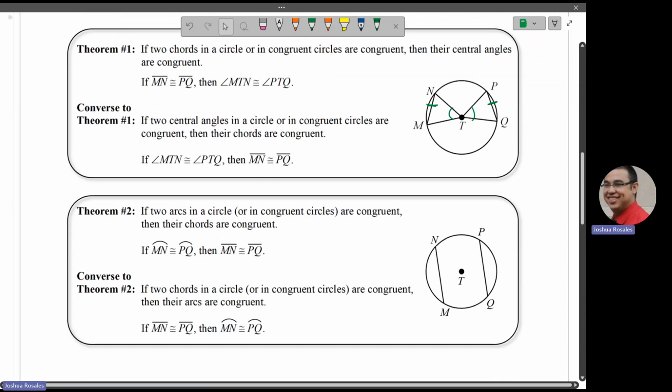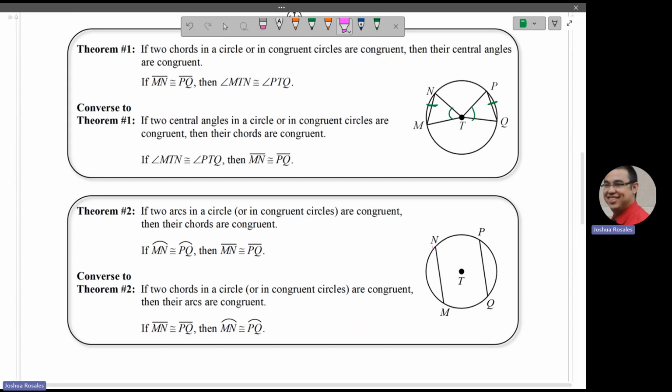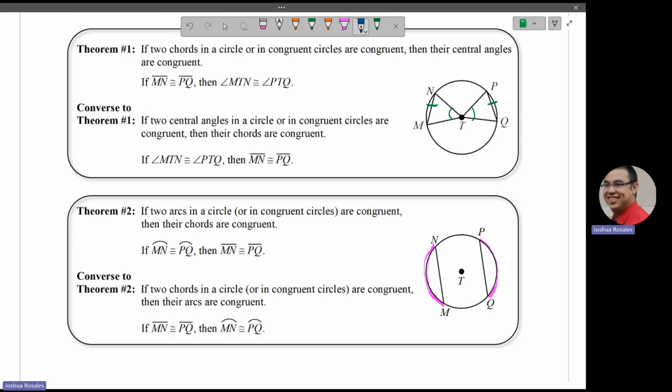The other theorem is going to talk about arcs. Now, in case you forgot what an arc is, think of the crust. So they're saying if we take this arc N to M and it's the same as this arc, P to Q, so they could give you something like, oh, this one's 60 degrees. Oh, this one's 60 degrees.